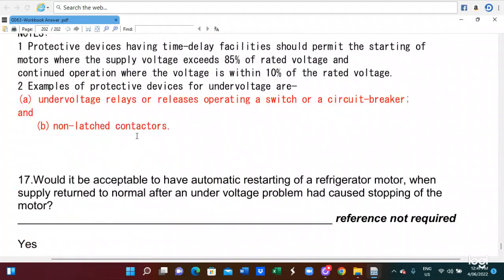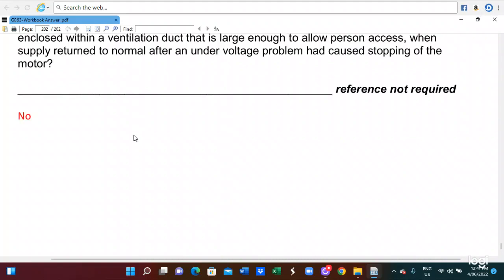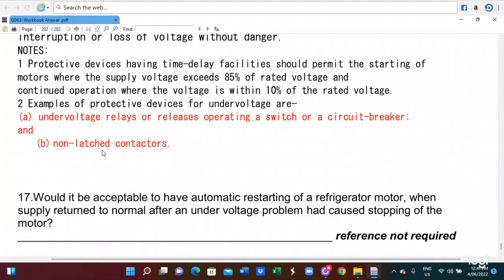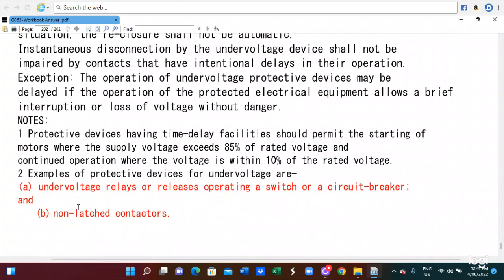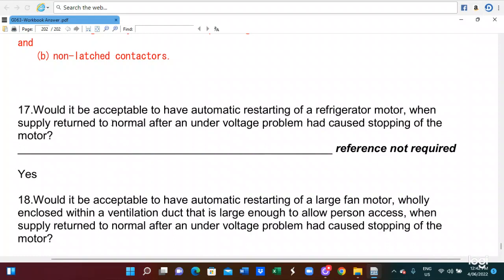Also, those are the questions and answers regarding the protection. The next one is protective devices for undervoltage: the undervoltage relay, release, operating switch or circuit breaker and non-latching contactors. Would it be acceptable to use automatic restarting of a motor when the supply returns to normal after the undervoltage has caused the stopping of the motor?